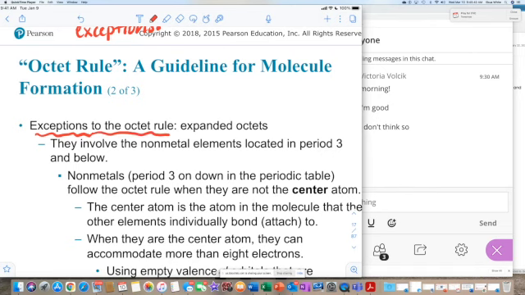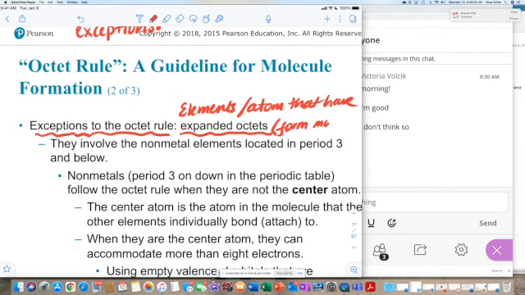So we're starting with a group of elements or atoms. Remember, these terms are being used interchangeably, that have what we call expanded octet. What does that mean exactly? The expanded octet just means that they're able to form more than 4 bonds.